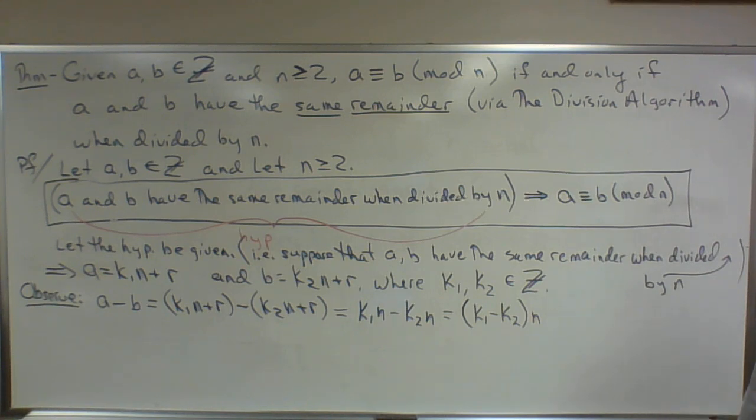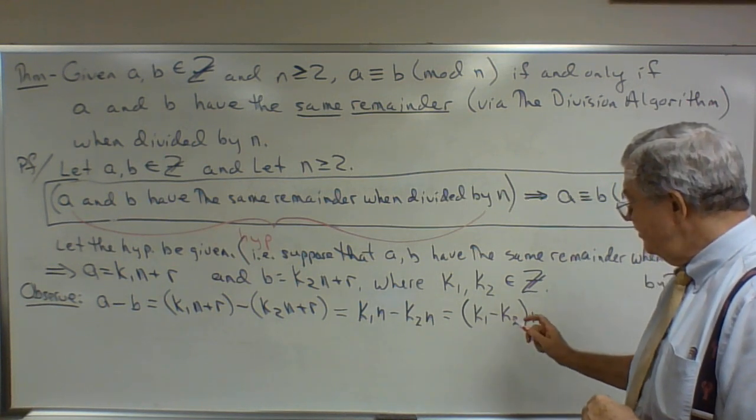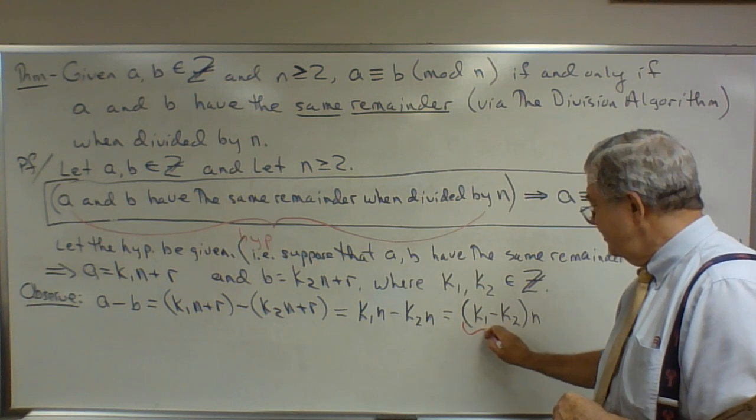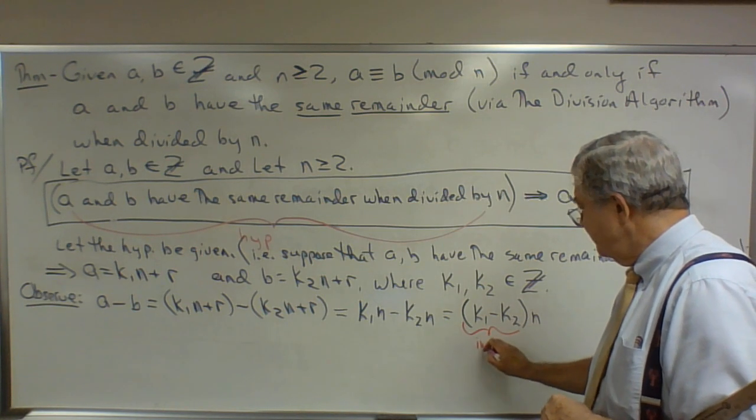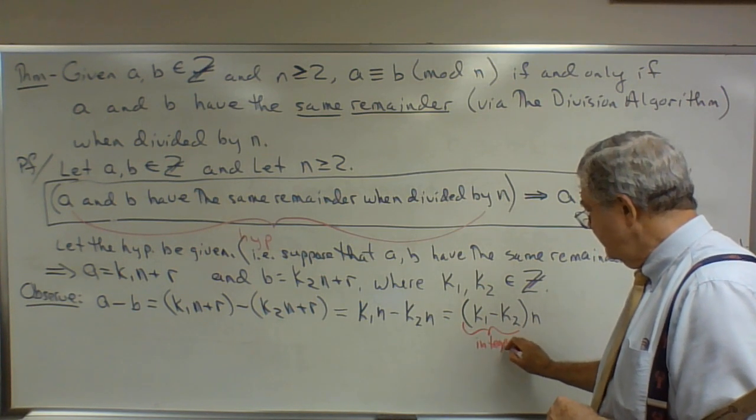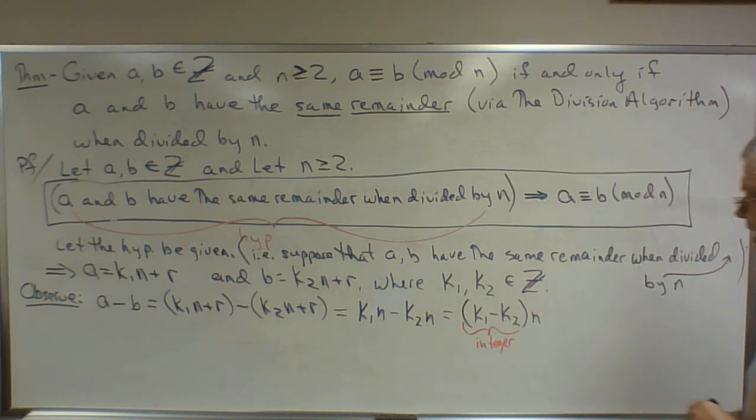Well, by our hypothesis, k1 and k2 are both integers. So k1 minus k2 is the difference of integers, so that's an integer. k1 minus k2 is an integer.